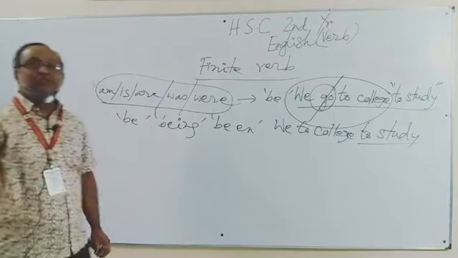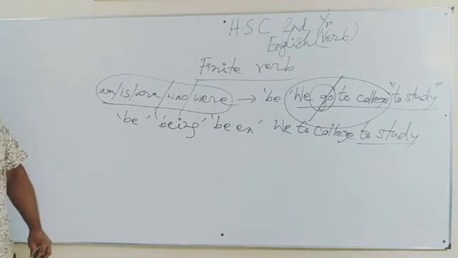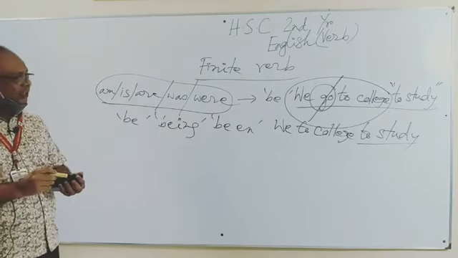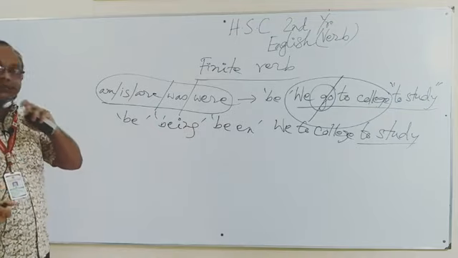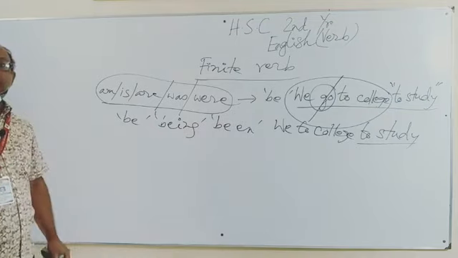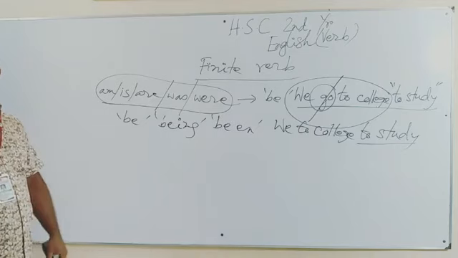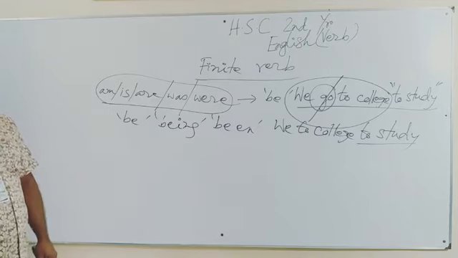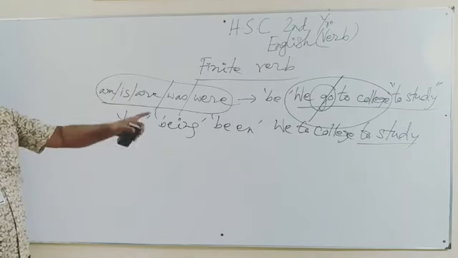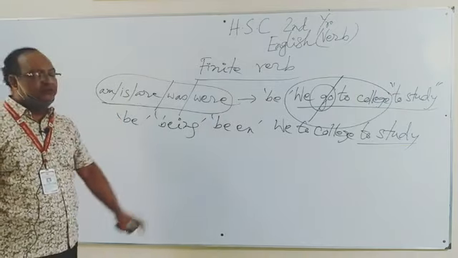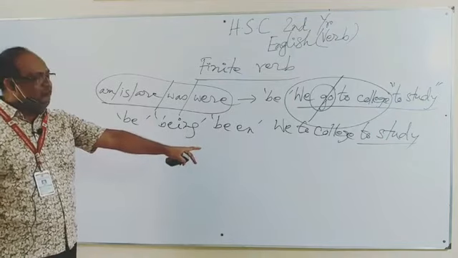So it will not be a meaningful sentence. That means the sense of the sentence will not be completed. So finite verb is that verb which completes the sense of the sentence. Here in these two sentences, in the second one there is no finite verb, so it's not a complete sentence.